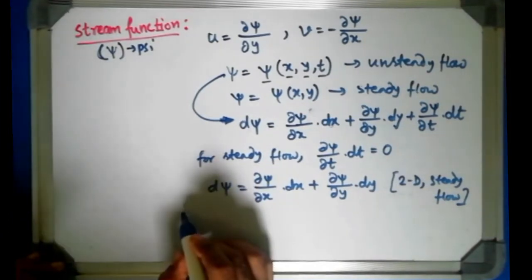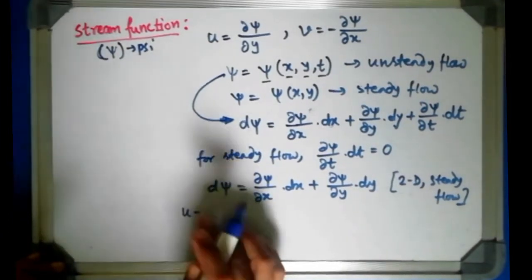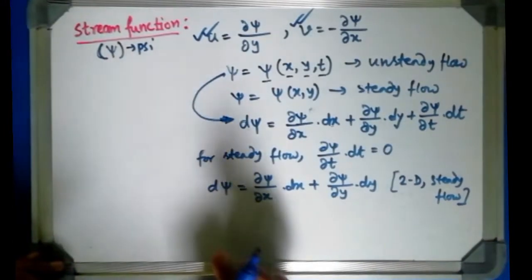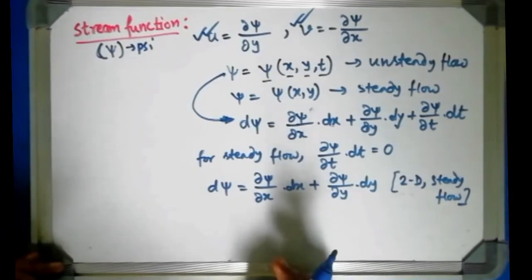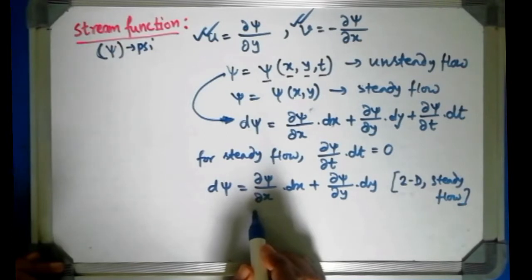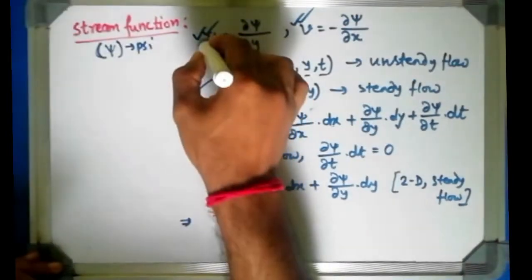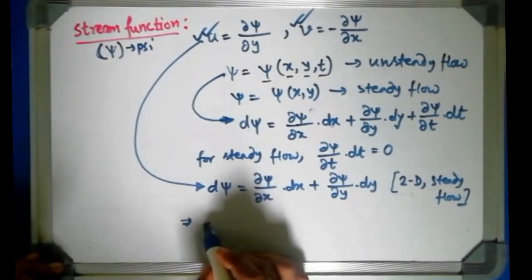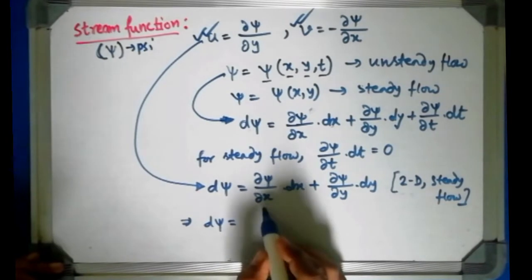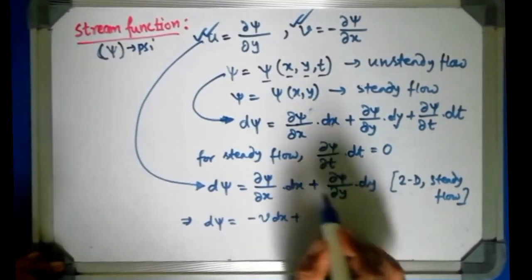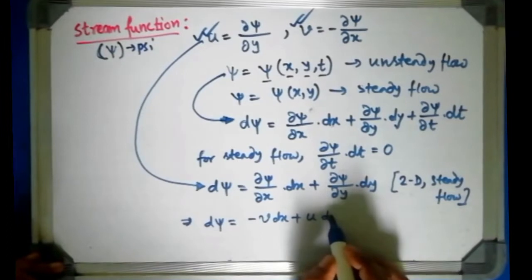Now we know that u equals del psi del y and v equals minus del psi del x. If we put these values into this equation, what will be the outcome? D psi: del psi del x is replaced by minus v, so minus v dx, and del psi del y is replaced by u, so u dy.